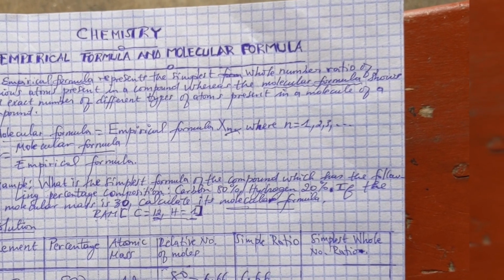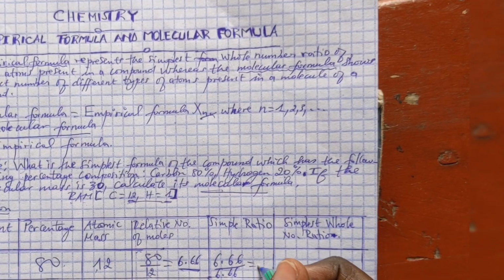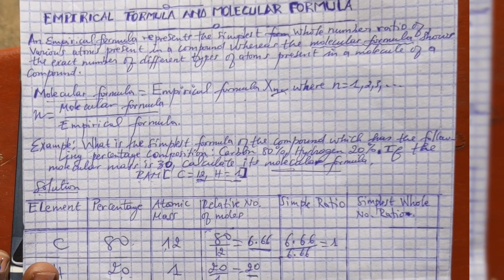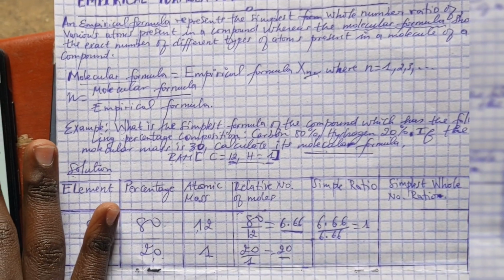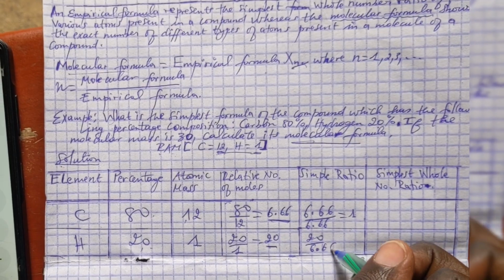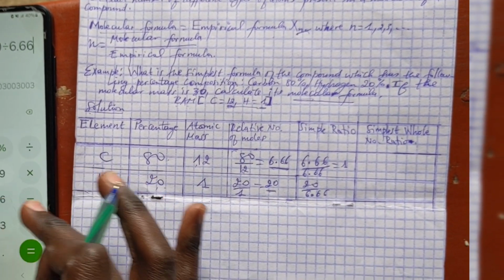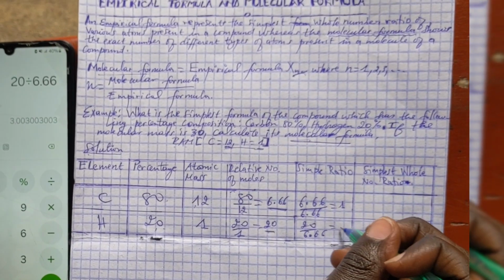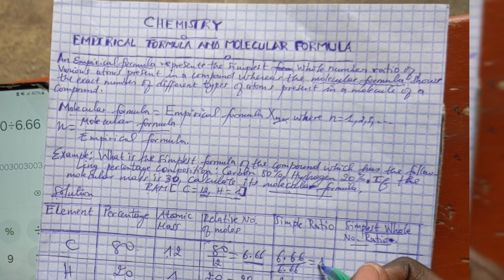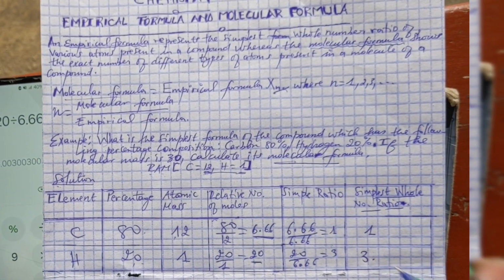So carbon, 6.66 divided by 6.66, gives 1. Hydrogen, 20 divided by 6.66, gives 3. So the simplest whole number ratio is 1 for carbon and 3 for hydrogen.